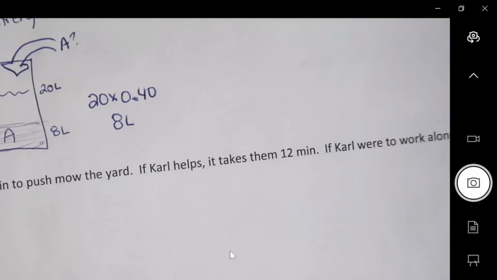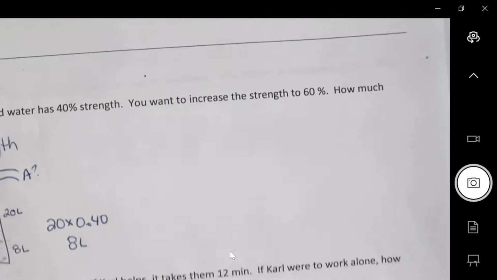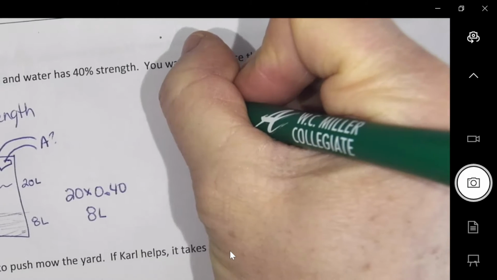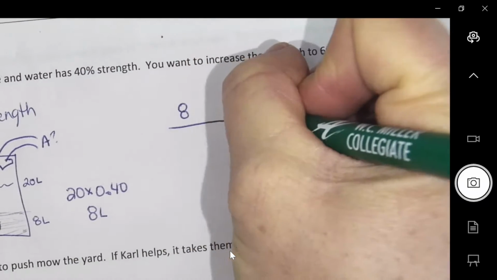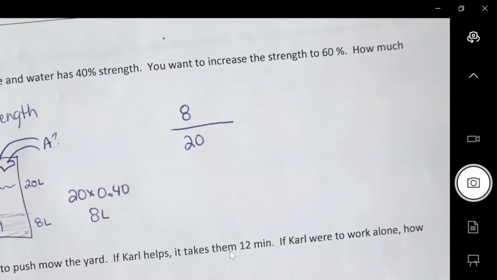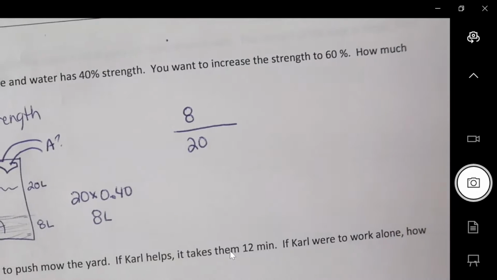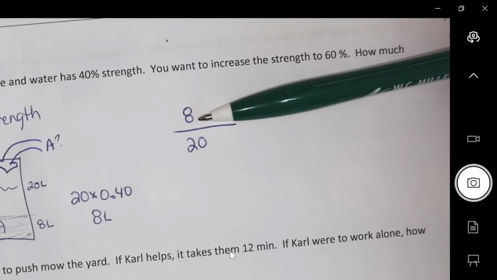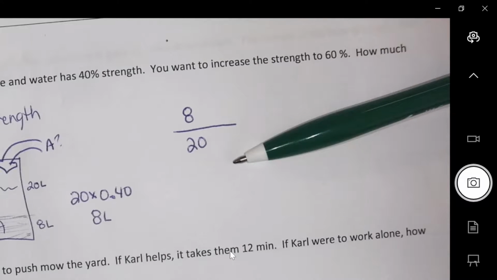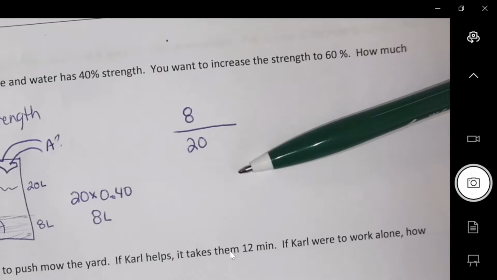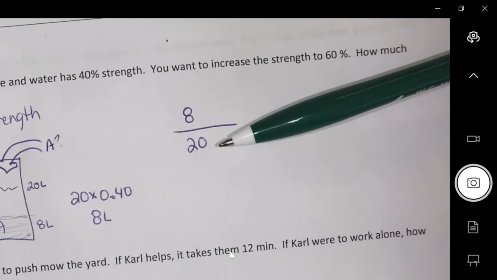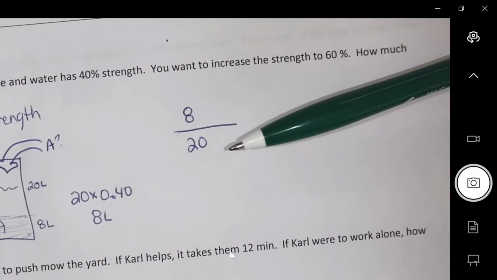So right now, we have 8 liters of antifreeze in there already. And right now, I have 20 liters of fluid. Okay, but I'm going to add a little bit of antifreeze. I don't know how much.